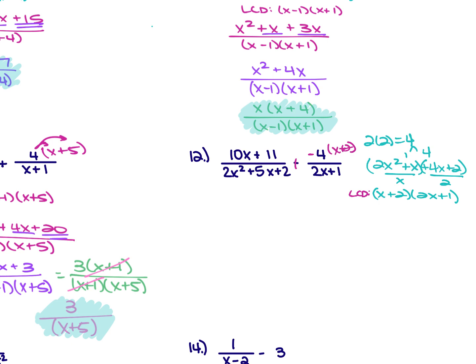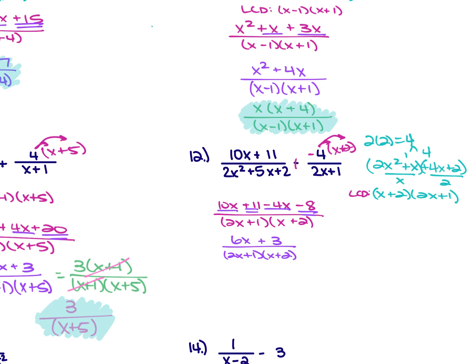So this gets rewritten as (10x + 11 − 4x − 8) all over (2x + 1)(x + 2). You're combining your like terms from here. So 10x minus 4x is 6x. 11 minus 8 is 3, all over (2x + 1)(x + 2).